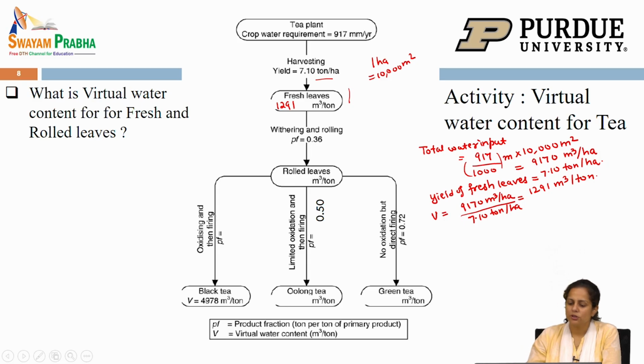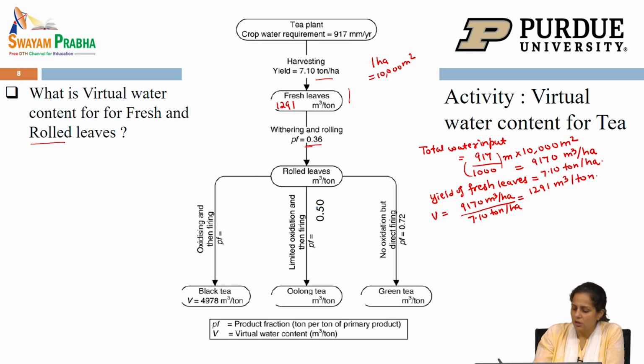Okay. From there on you also have to calculate the virtual water content of rolled leaves. For rolled leaves, we know that is the final product, and the product fraction for the conversion of fresh leaves to rolled leaves is 0.36. So, that is the weight loss.